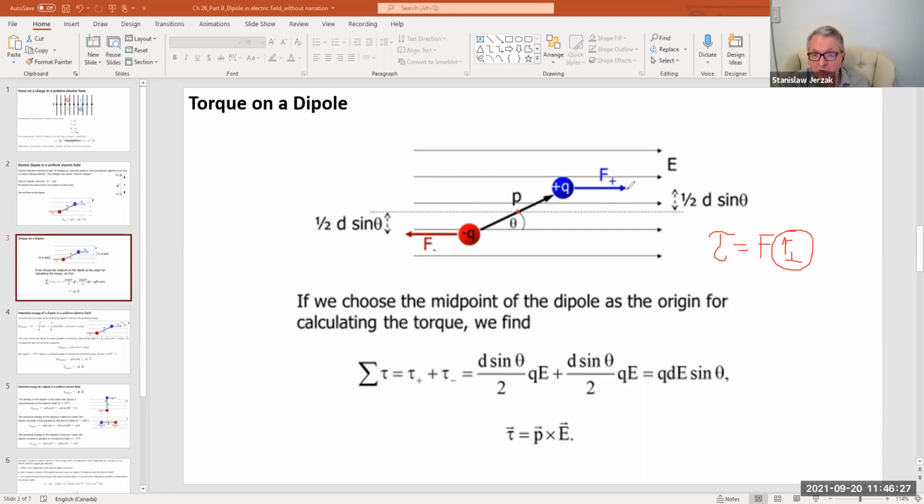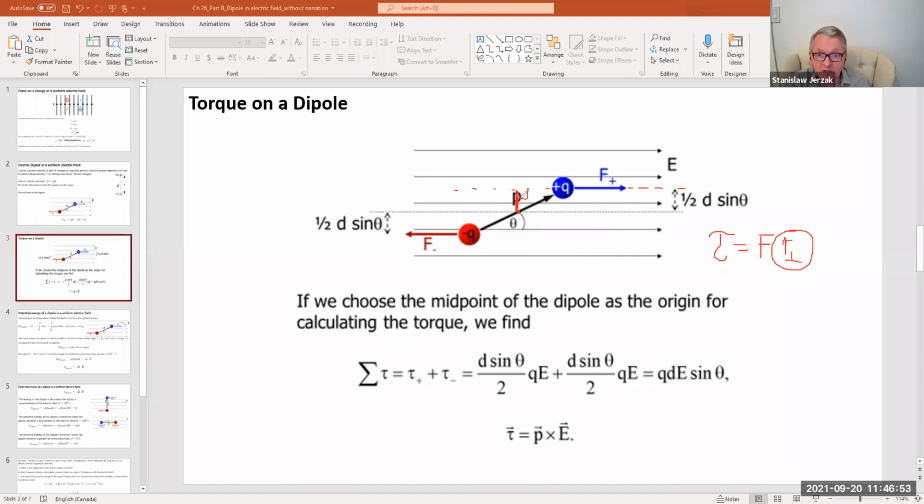So for that blue force acting on positive charge, the line of action is the dotted line, right? It's the straight line which contains that vector F. And the moment arm is the shortest distance from that axis of rotation, which is through the center of the dipole, to that line of action. This is 90 degrees. So this is the moment arm.